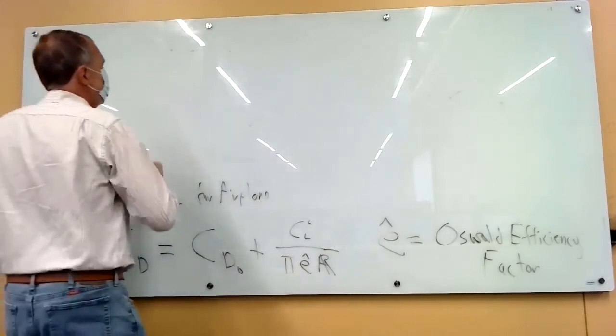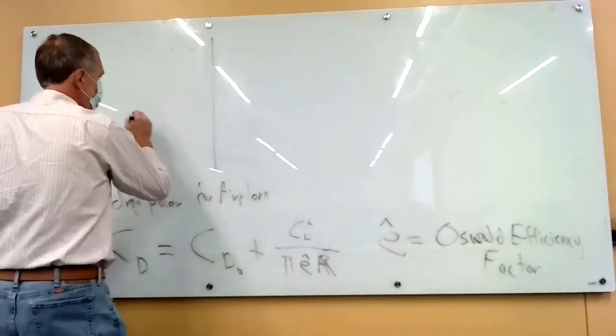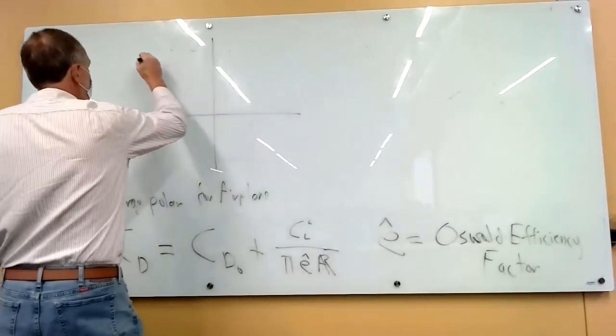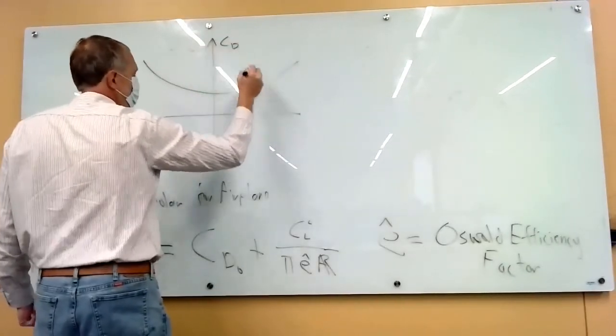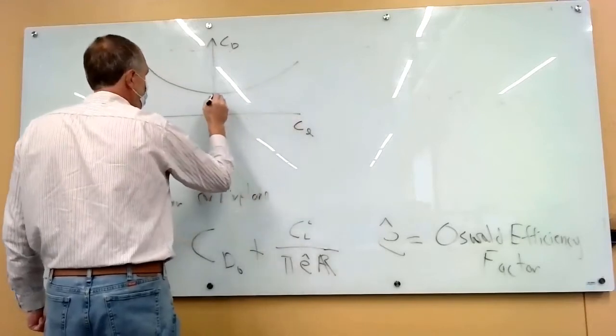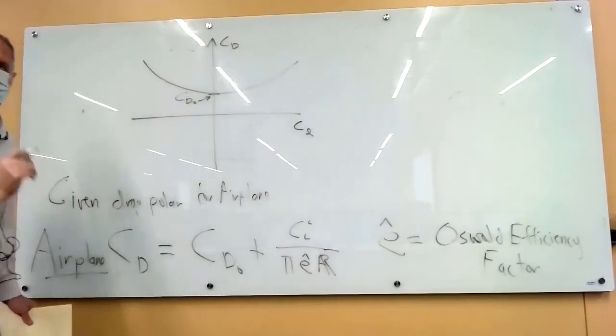And so these plots in this formula look like this. There's the squared behavior. And then the minimum here is that CD0.